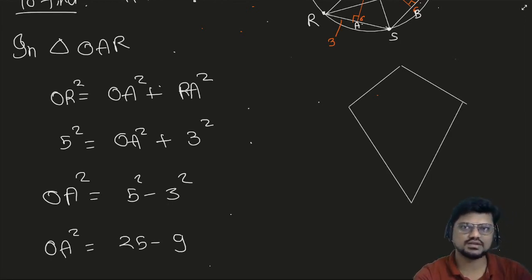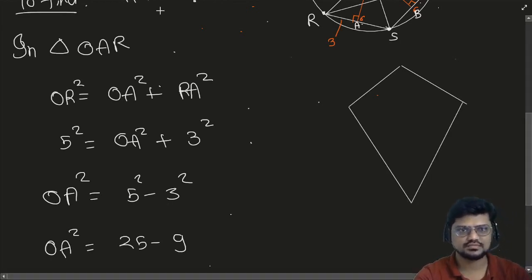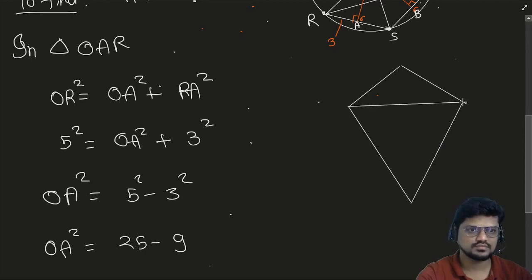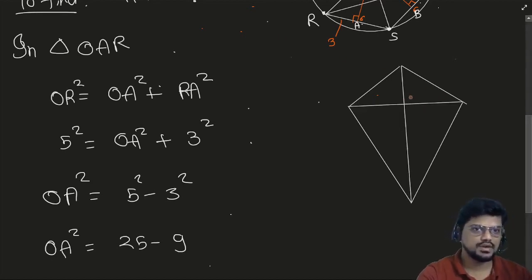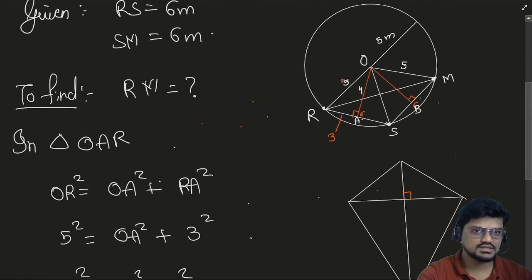What happens with the diagonals of a kite? They are not bisectors, they are only perpendicular to each other. So since this is 5, this is 5, this is 6, this is 6, with the help of the kite property, I can say that OS is perpendicular to RM.